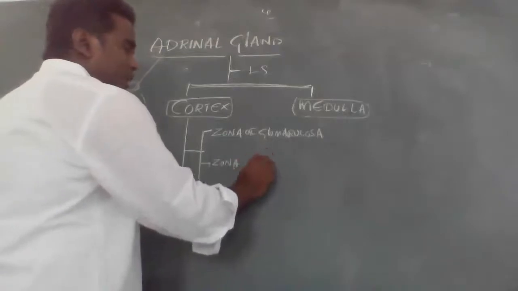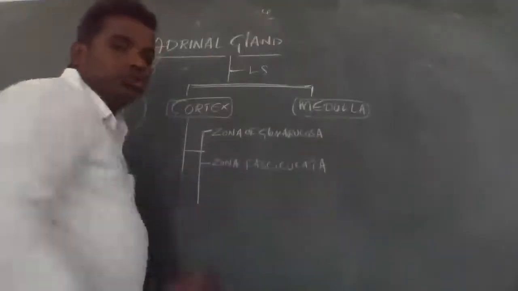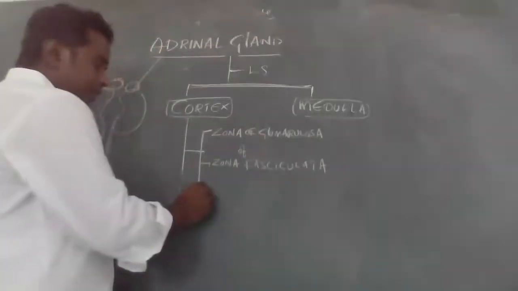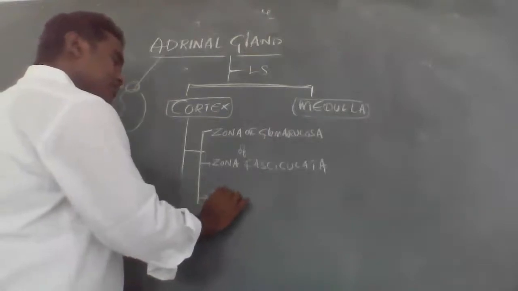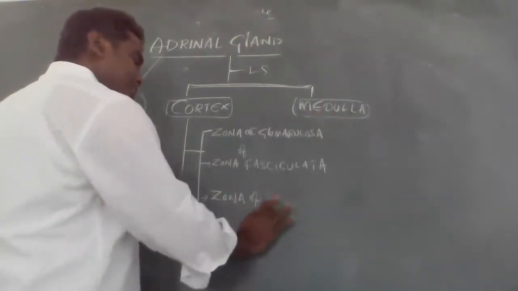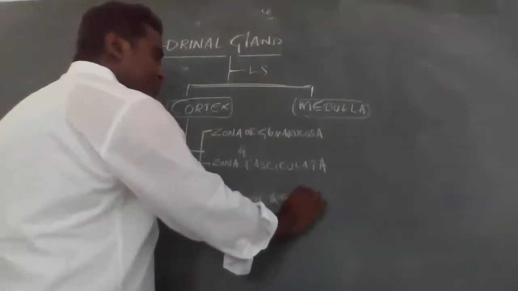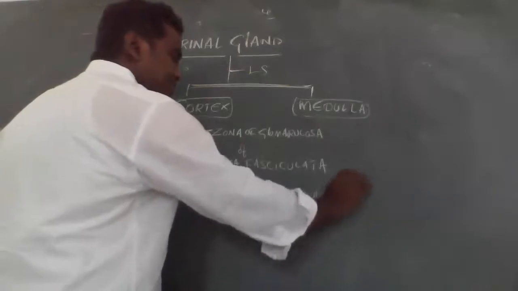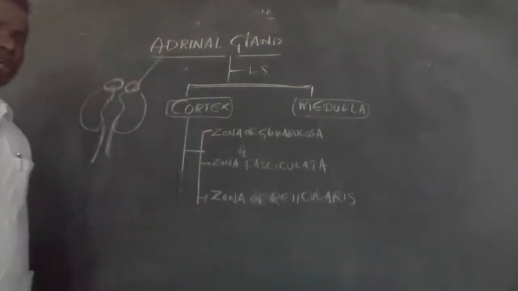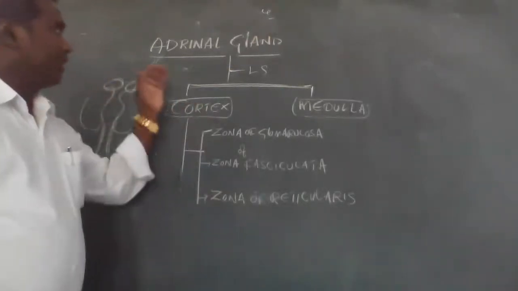Number 2 is zona fasciculata. Number 3 is zona reticularis. Okay, these are the zones.